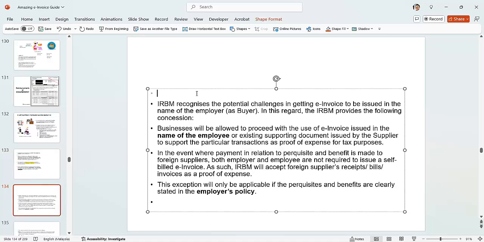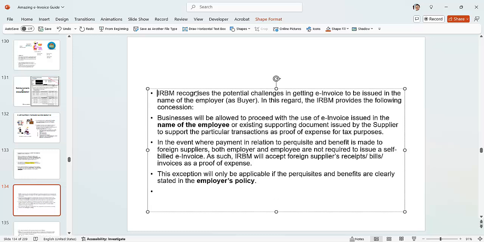But there is also some possibility that you cannot get the e-invoice issued in the name of the company. So what happens is the business will be allowed to proceed with the use of an invoice issued in the name of the employee and issued by the supplier, as proof of expenses for tax.